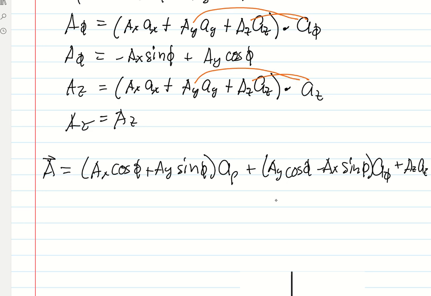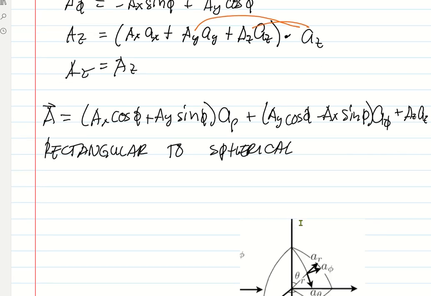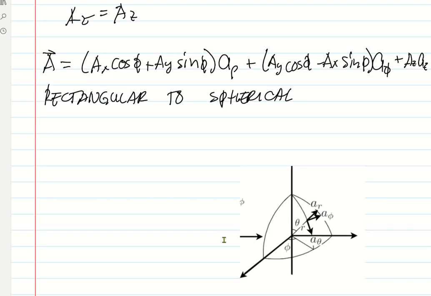For spherical coordinates, or from rectangular to spherical coordinate. So here, first we need to again solve for the dot product of the unit vectors. So let's start with AX dot, this time it's AR.